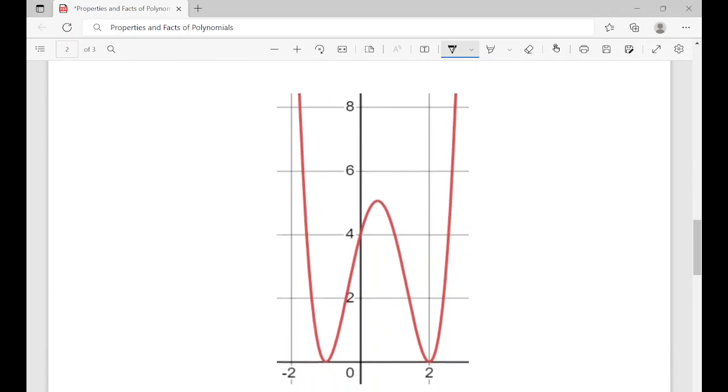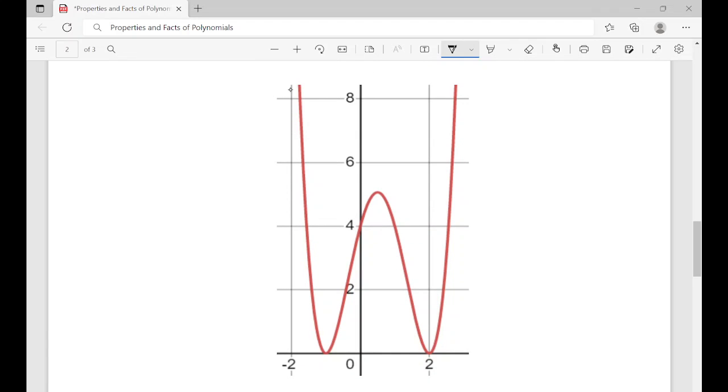Now, if we were to look at this graph, we can see as it's going down, it turns once, twice, 3 times. So since it turns 3 times, since this has 3 turning points, it's at least a degree 4 polynomial.